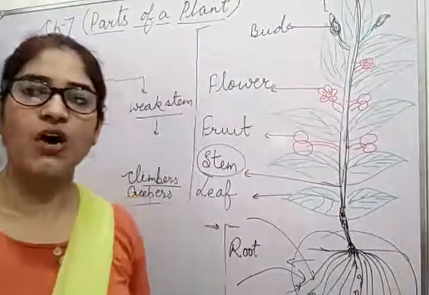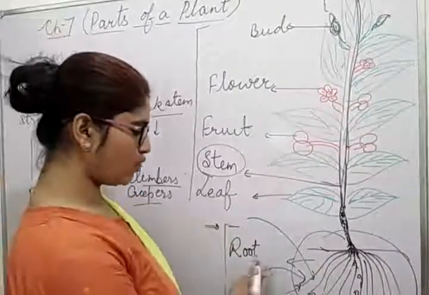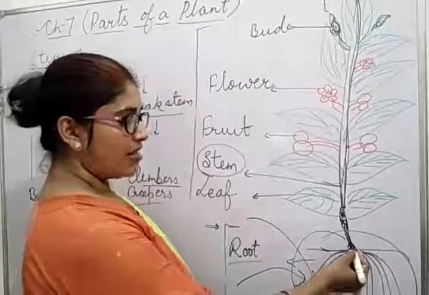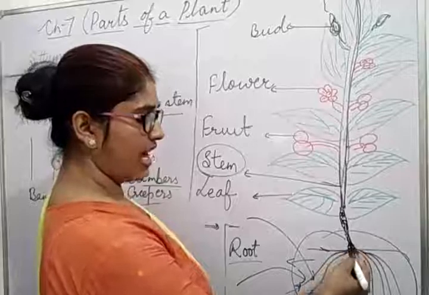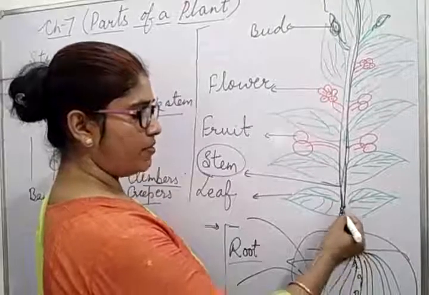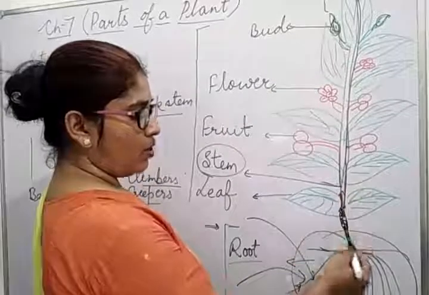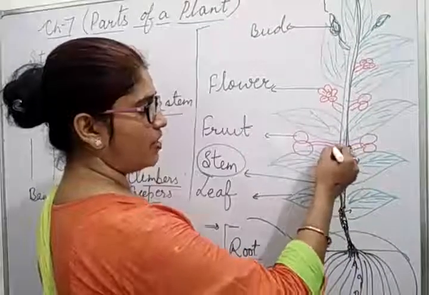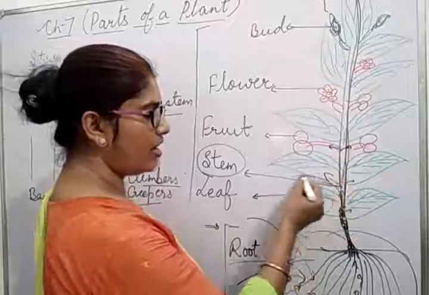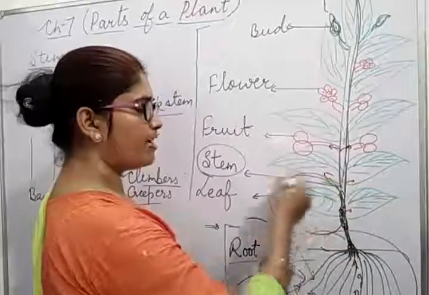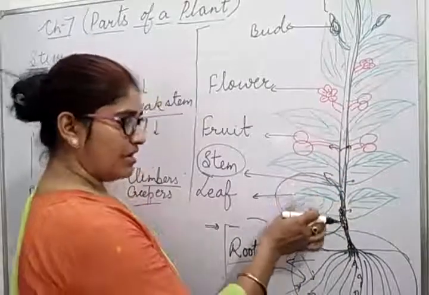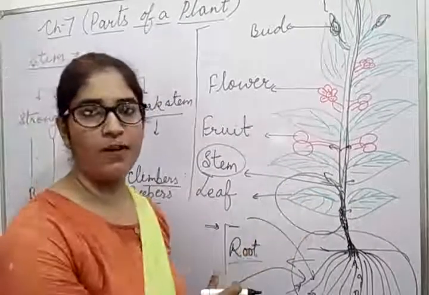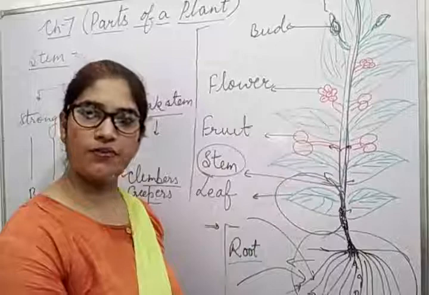Okay, so now we will study about the functions of stem. अब functions क्या होते हैं stem के? As you can see, roots absorb water and mineral from the soil, and the stem carries that water and mineral and sends it to other parts of the plant. Then after, in the leaf the food is prepared, because leaves are the kitchen of the plant. It is the food factory of the plant in which plants make their food.